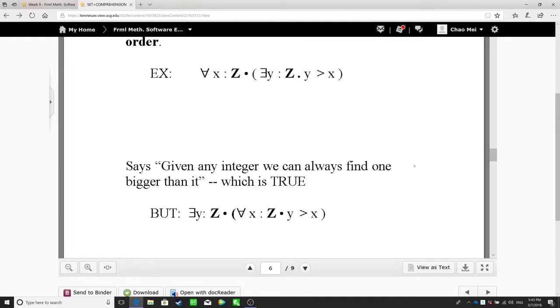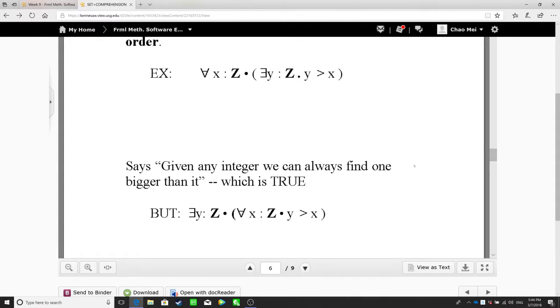Right. There exists an integer which makes every integer less than that integer. There exists an integer y which makes all the integer x less than y.